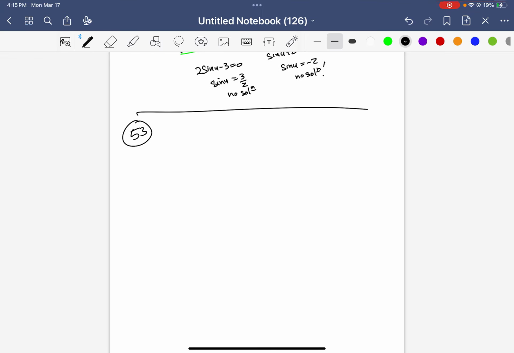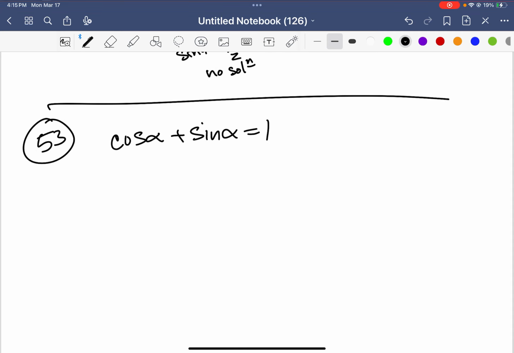So 53. If I'm looking at 53, I have the cosine of alpha plus the sine of alpha is equal to 1. So when is it that the cosine plus the sine is ever equal to 1? Well, we know that we need to change the form.